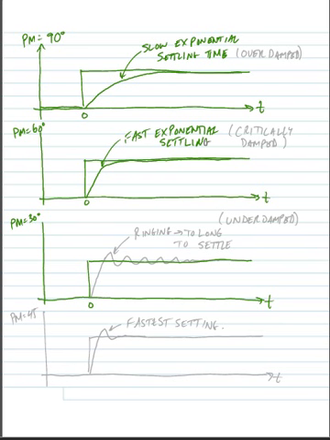Now, if we go down to 30 degrees, our system will rise really, really quickly, but it'll overshoot several times, and it'll take a while to settle into the final output value. So there's ringing in the system, and so this takes too long to settle.